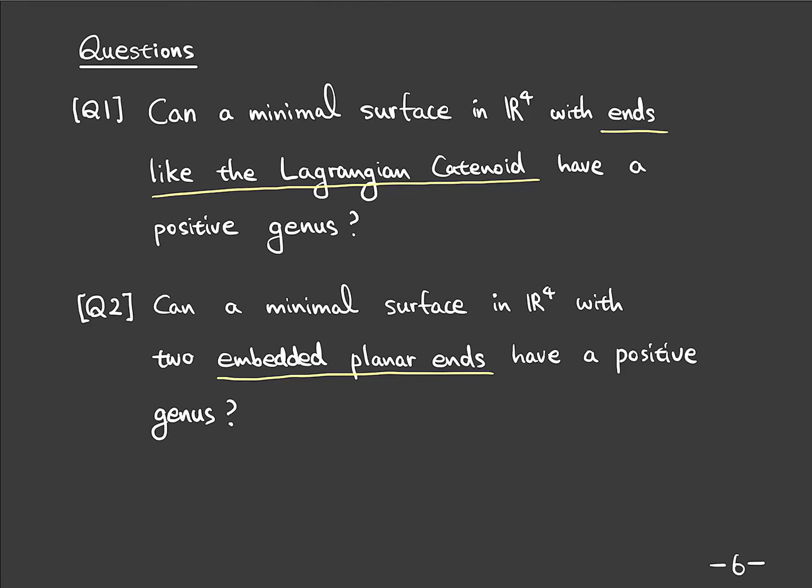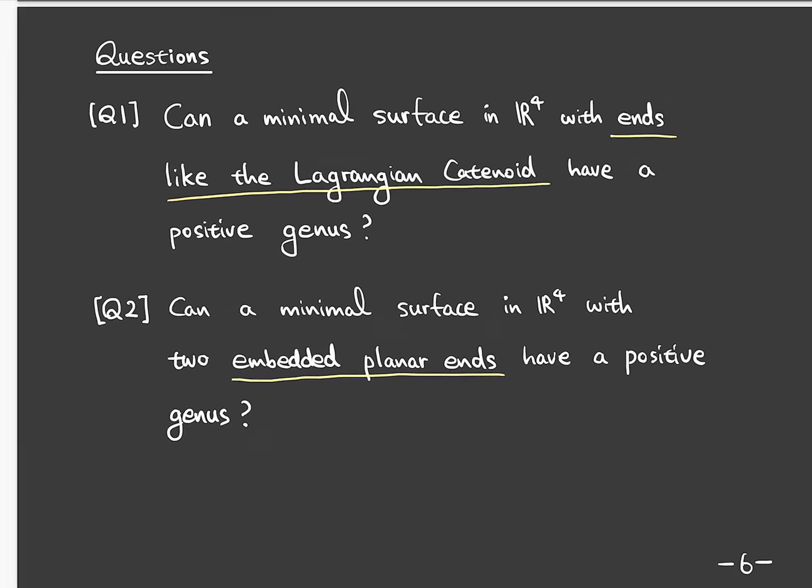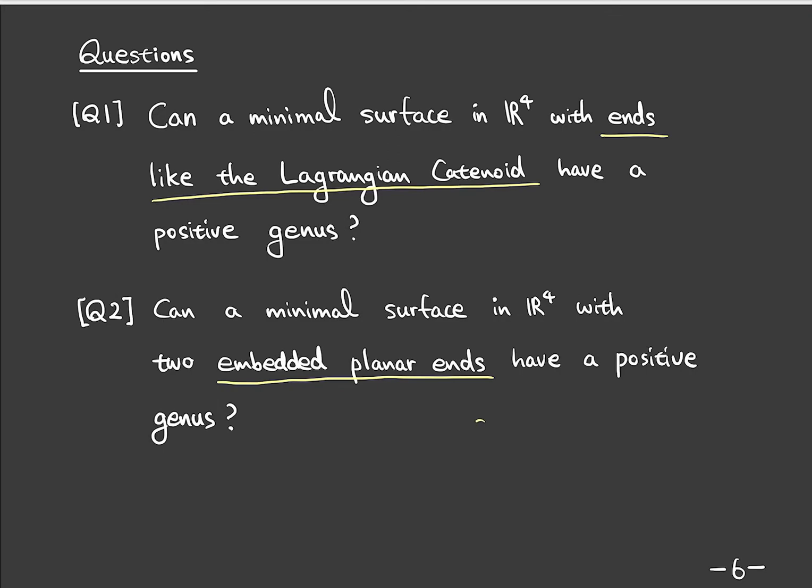Moreover, questions about the number of ends are interesting because for low genus and many ends, there are many examples in R3.